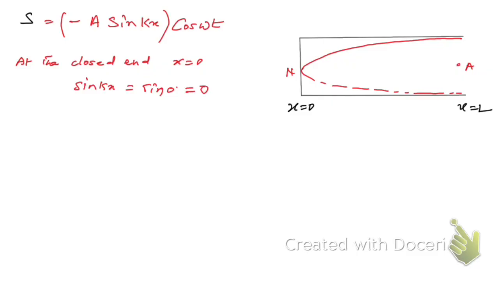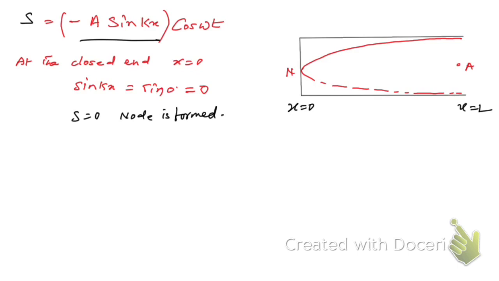That's going to be 0. So in that case this amplitude becomes 0. As a result node is formed. As a result we're going to have s is equal to 0, so node is formed at x is equal to 0, right?